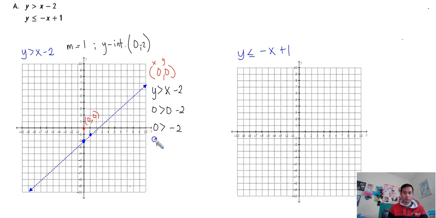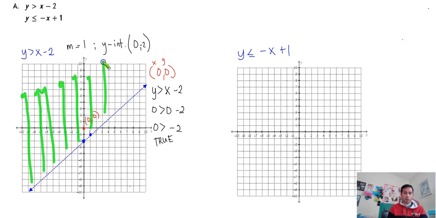Because our answer is true, the shaded region will be on top of the boundary line, including the (0, 0). So we can now shade that. I'm going to shade all of the points on top of this, which will be part of the solution of this inequality.